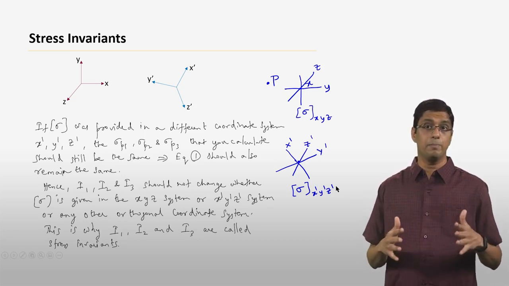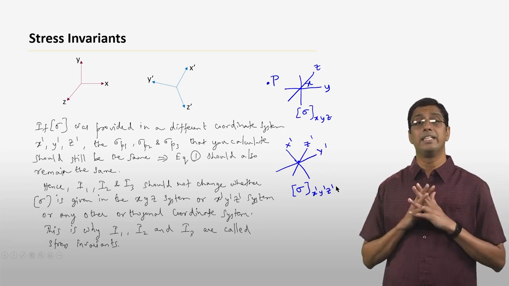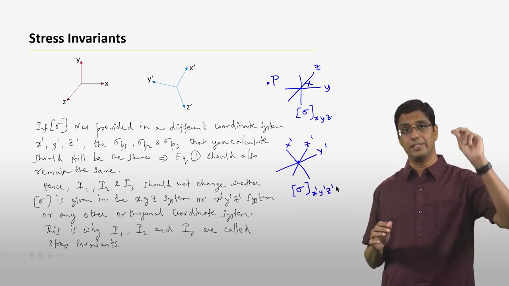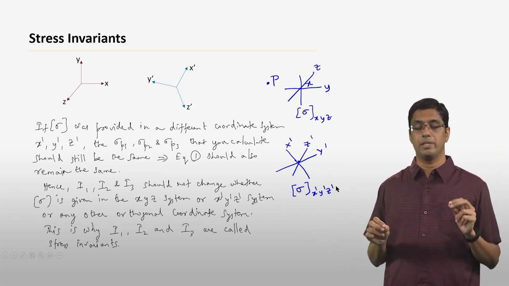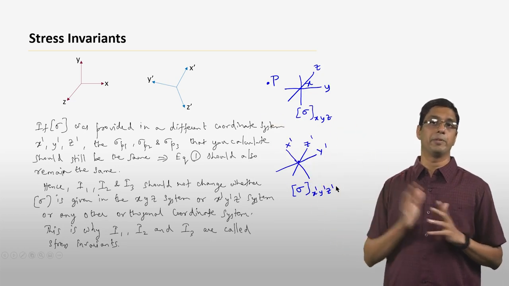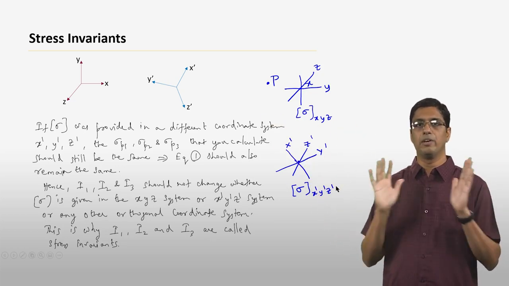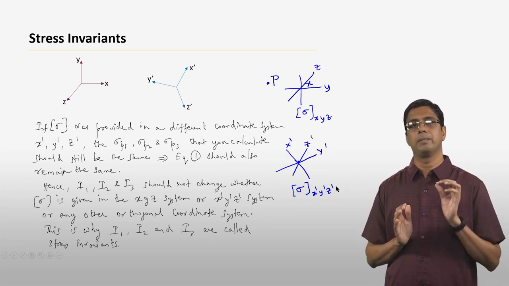And those planes and the normal stresses on those planes, which are essentially the principal stresses, should not change whether you were given the information in the xyz coordinate system, the x prime, y prime, z prime coordinate system, or some x double prime, y double prime, z double prime coordinate system. Irrespective of what coordinate system you are given the stress matrix in, the principal planes and the principal stresses will not change.